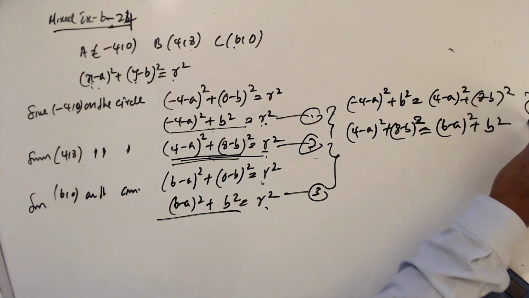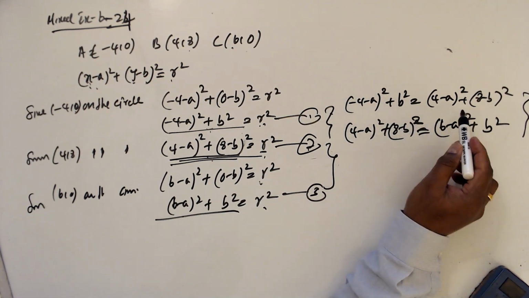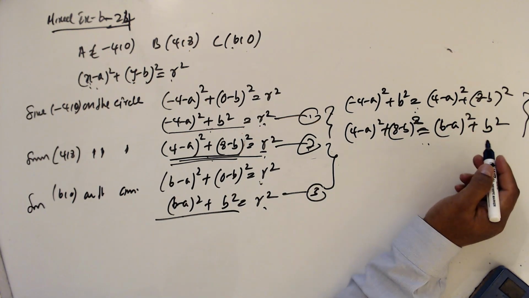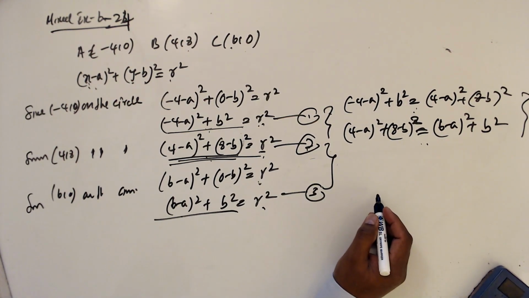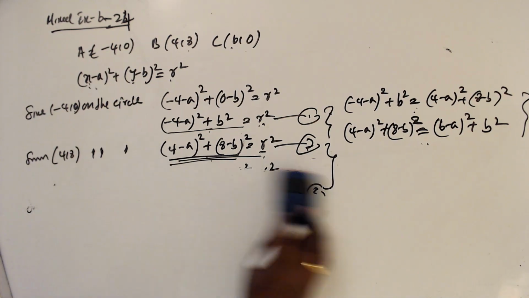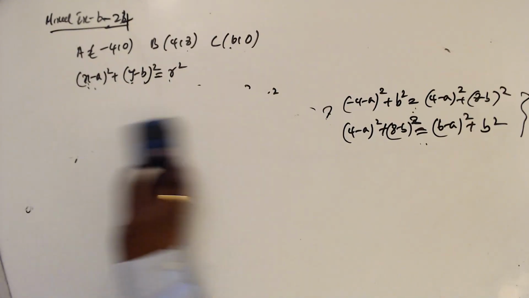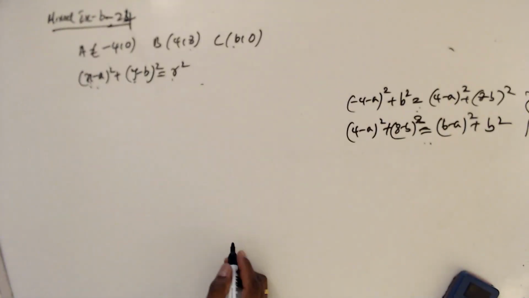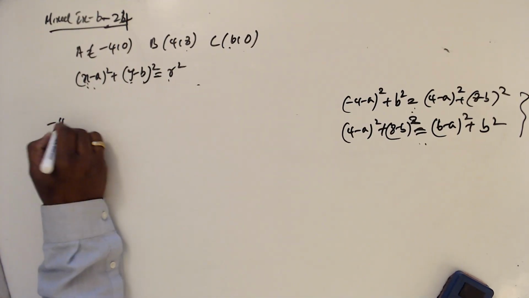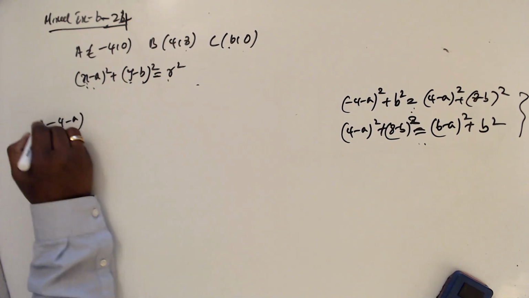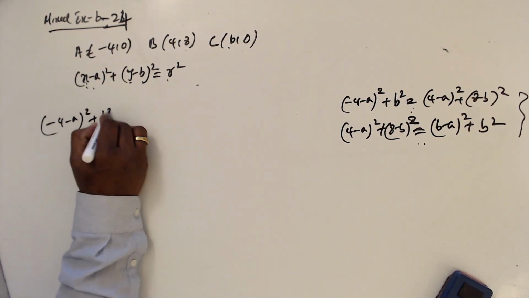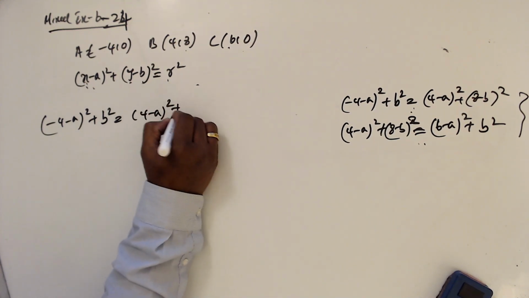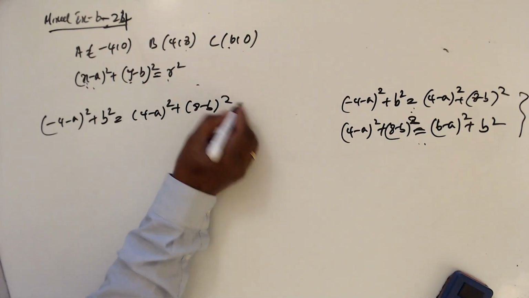Now I have to solve. How many unknowns? 2 unknowns, 2 equations. I'll take the first equation and solve. Simplify: (−4 − a)² + b² = (4 − a)² + (8 − b)².